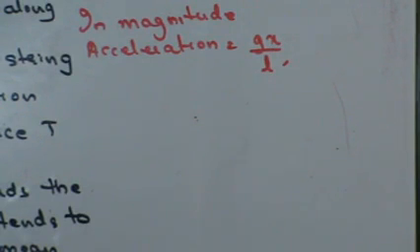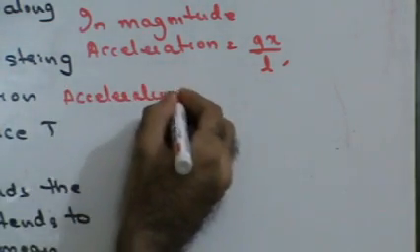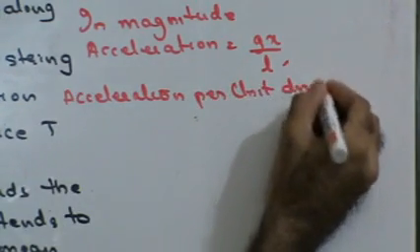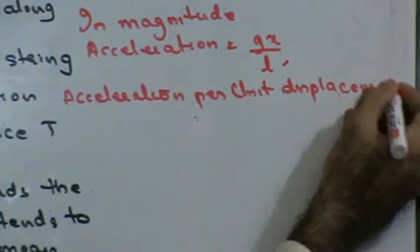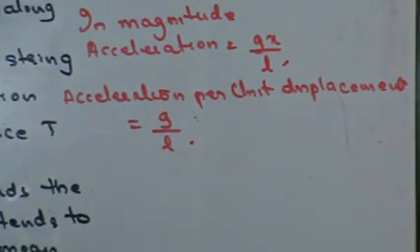If this is the acceleration, then acceleration per unit displacement is going to be nothing but g upon L, because for unit displacement I'll divide by the displacement x. Now we know that time period of an SHM is nothing but 2 pi upon acceleration per unit displacement. We have derived this.